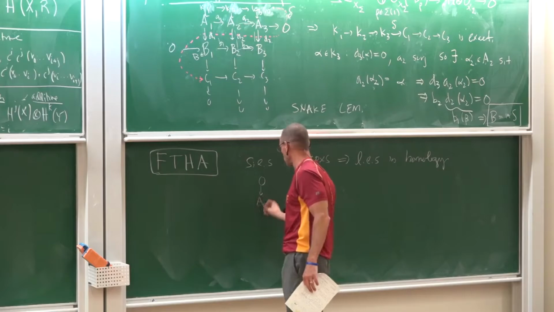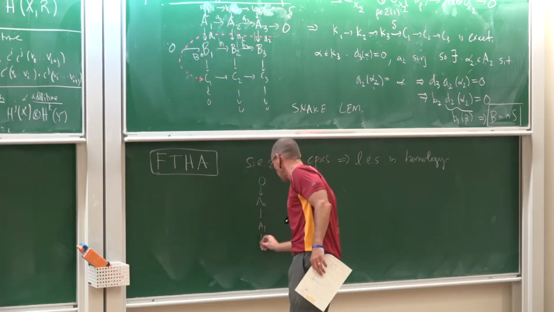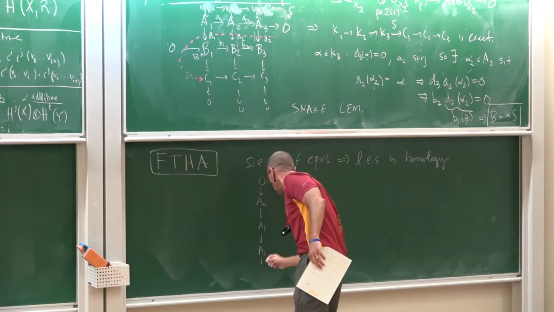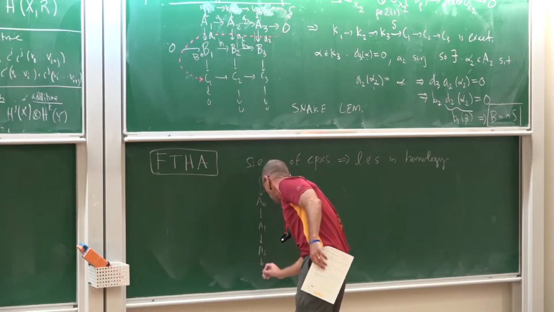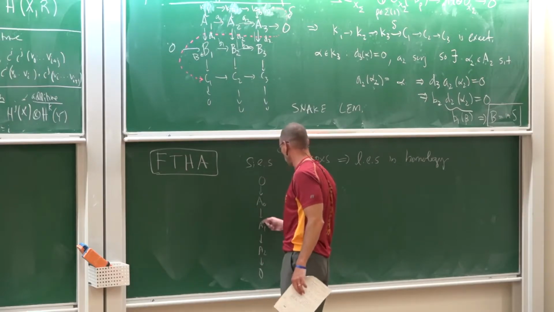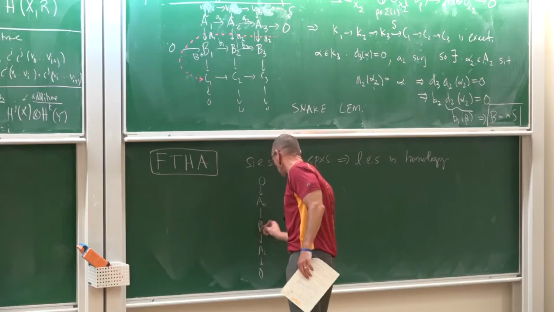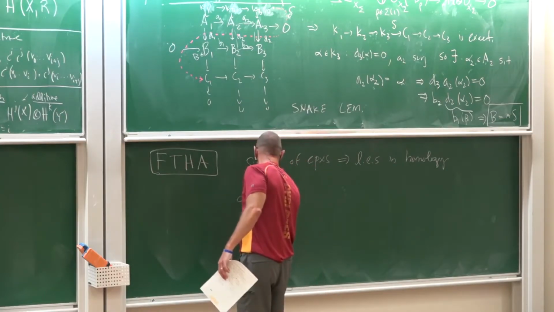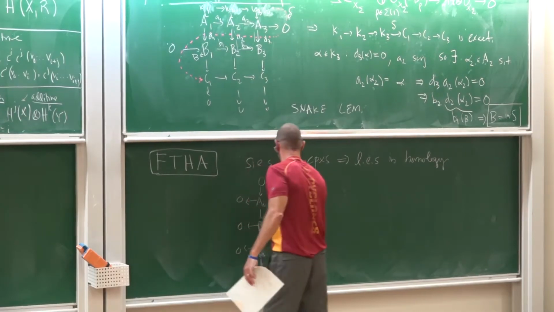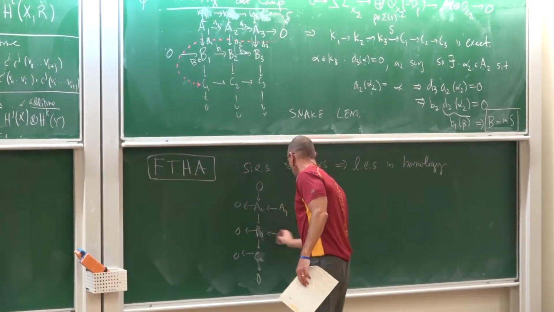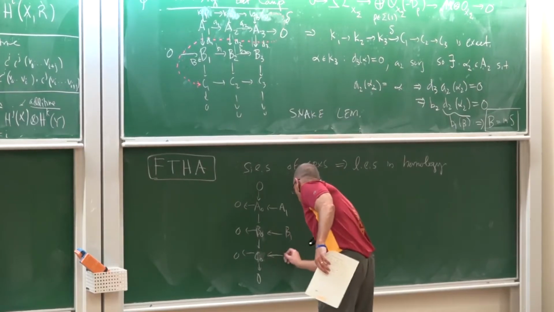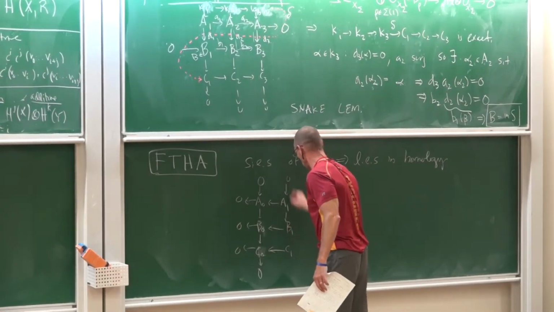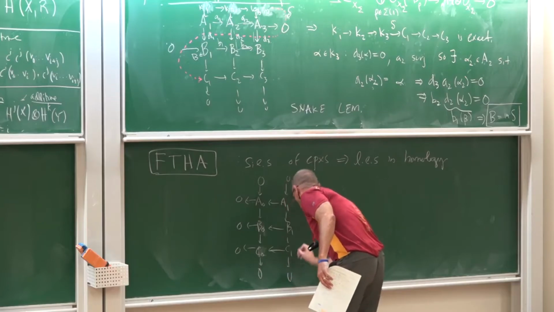So I have something like A0, A1, A2, 0. No, I don't want to do that. Let's do A0 to B0 to C0. And then I have an A1, B1, C1, and on and on.